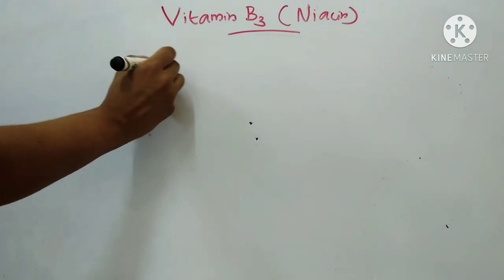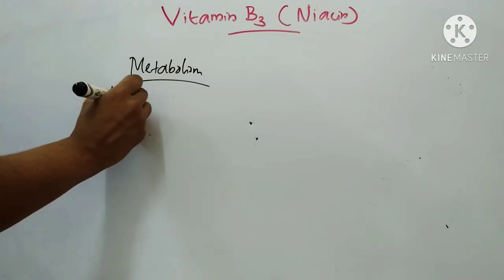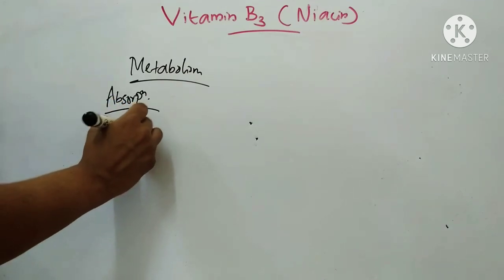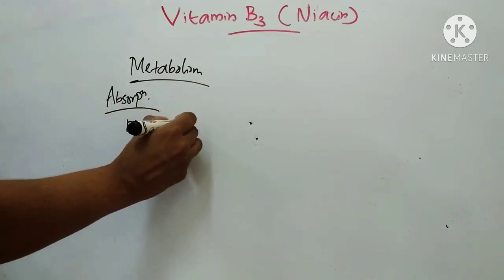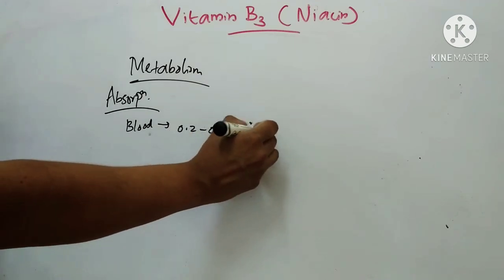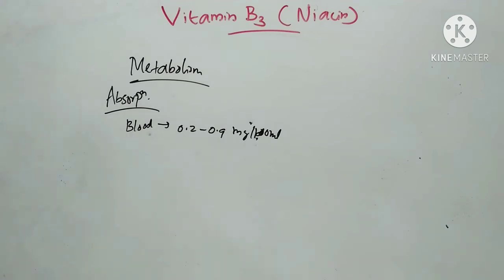Absorption. This nicotinic acid and its amides are absorbed from small intestine. Whole blood contains about 0.2 to 0.9 mg per 100 ml. Its average is about 0.6 milligram percentage.